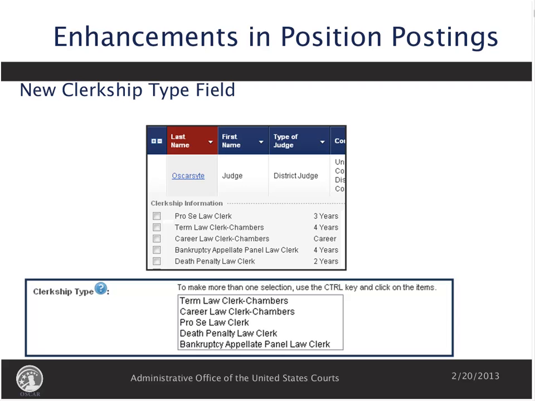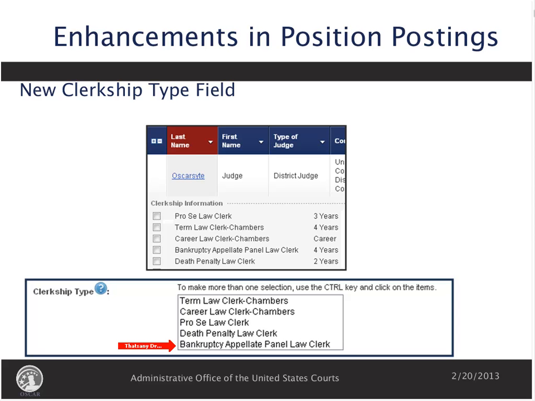To make it clear to applicants and law schools of the different law clerk positions in OSCAR, we've added a new clerkship type field in position postings. This field includes a drop-down list with the selections of term law clerk chambers, career law clerk chambers, pro se law clerk, death penalty law clerk, and bankruptcy appellate panel law clerk.